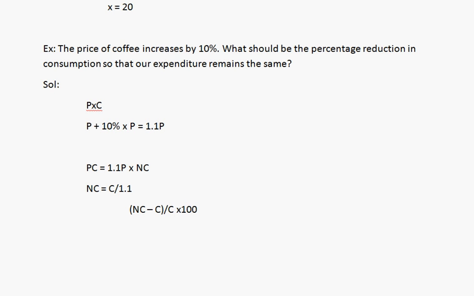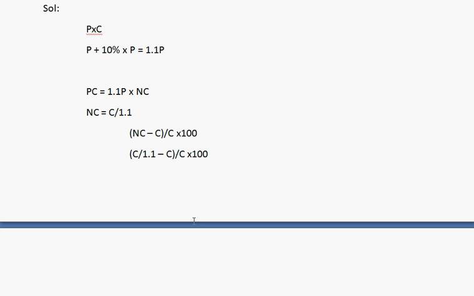So that's the percentage change, which means C divided by 1.1 minus C, this whole divided by C. This quantity would be negative, which shows that there is a decrease in consumption. So don't worry that we are getting a negative sign, because negative just shows a decrease in consumption. If you solve it, it becomes 1.1 minus 1, right?